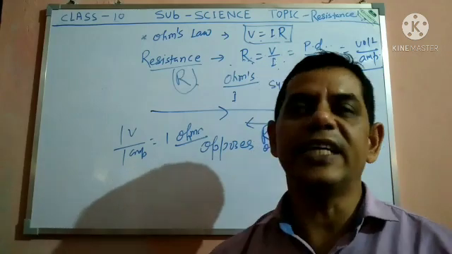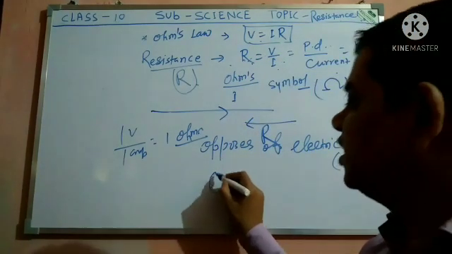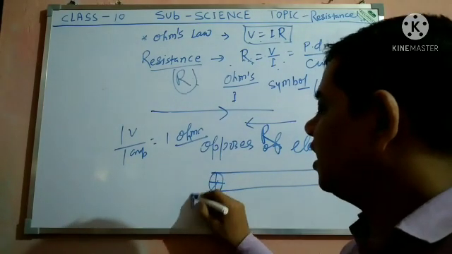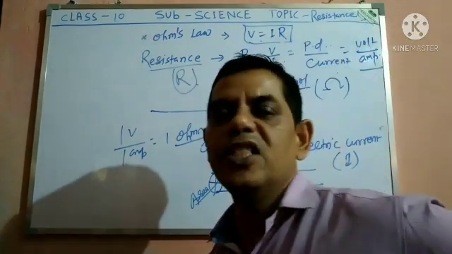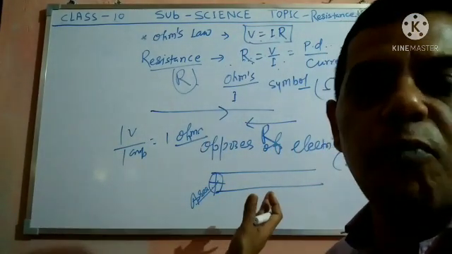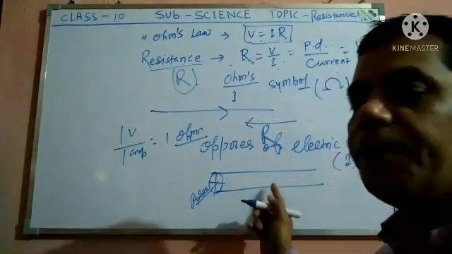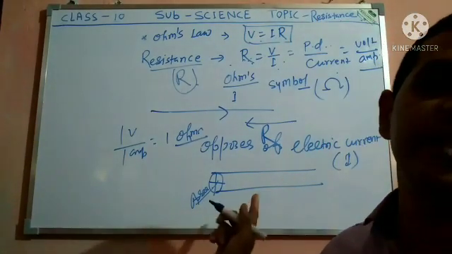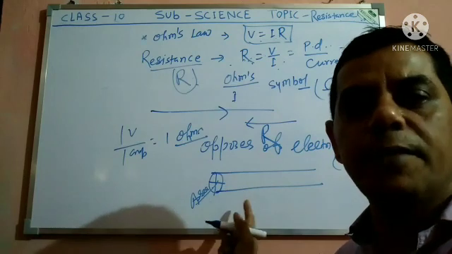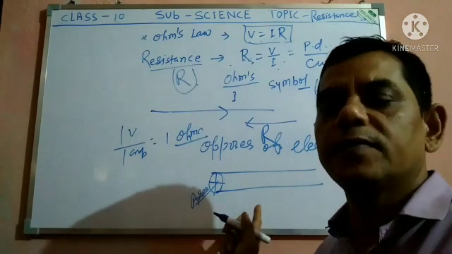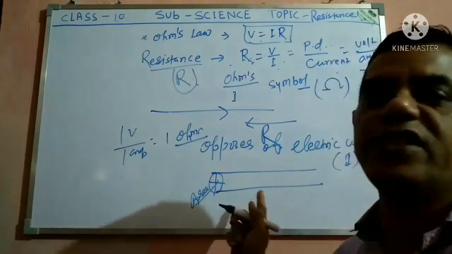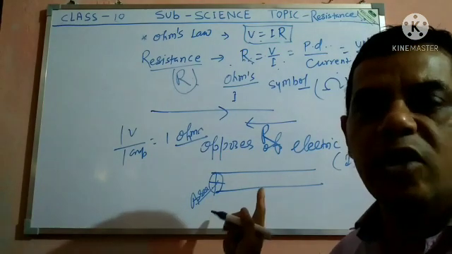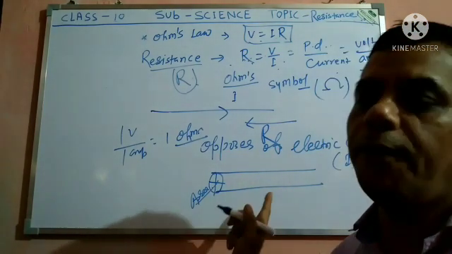The cross sectional area of the wire is one factor: when the cross sectional area increases, the resistance changes. It also depends on the nature of the material, such as aluminum, copper, silver or gold. Such materials are used in conducting wire, so resistance depends on the material.